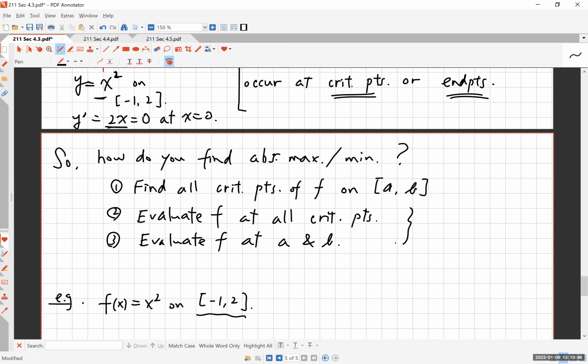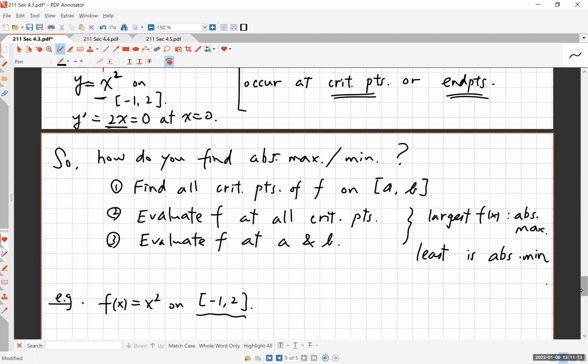Now you have all the candidates where the absolute maximum has to occur and where the absolute minimum has to occur. And therefore, the largest f(x) value, the y value, is the absolute maximum, obviously, and the least is the absolute minimum.